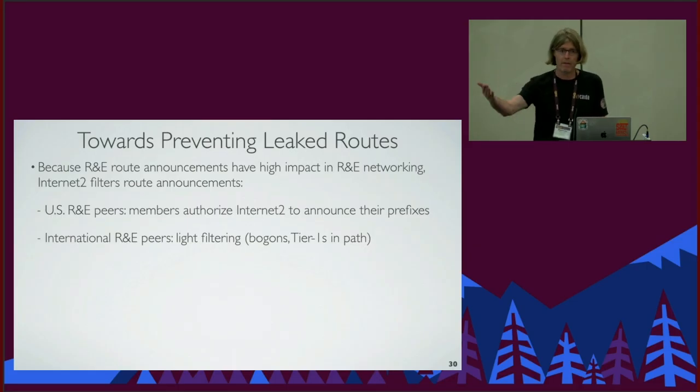So it's not enough that they receive a BGP announcement, they also have to be told that you should expect this and we authorize you to propagate it further. With international R&E pairs, the filtering is lighter, mostly focusing on things with obviously bad things in them like tier 1s and paths where you would not expect them, etc.